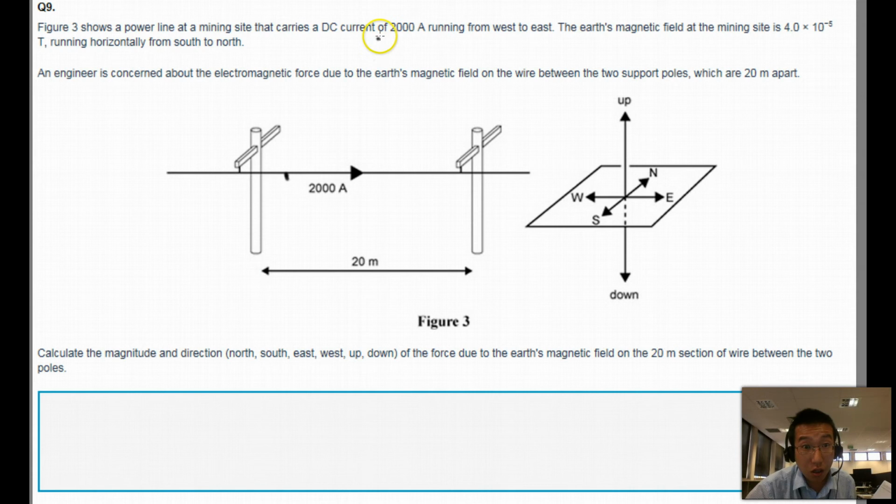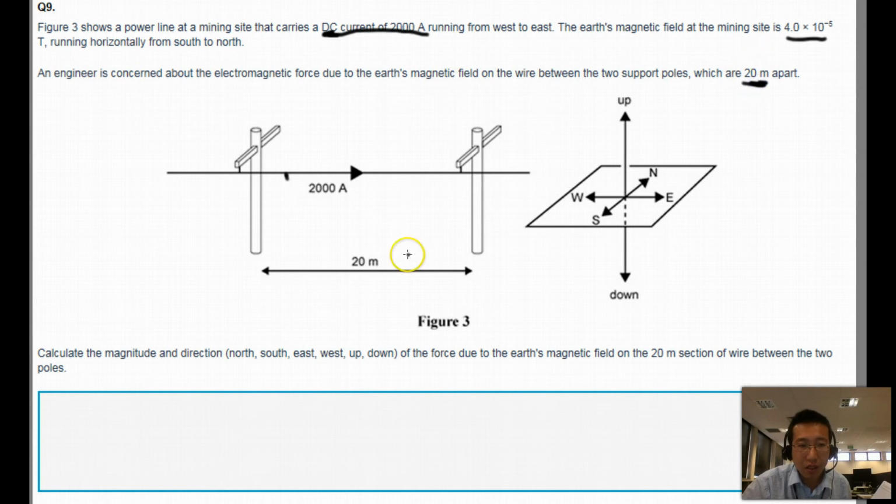Now have a look at this question. We have a wire with a DC current, so the force is going to act in only one direction, from west to east, and we have Earth's magnetic field.